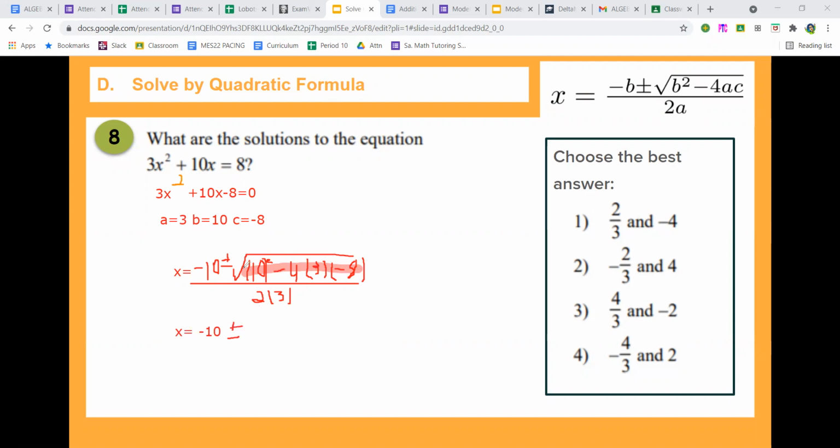And now I'm going to begin to simplify my discriminant. So I have the square root of 100, 10 squared is 100, and then minus 4 times 3 is negative 12, times negative 8 is a positive 96, all over 6.